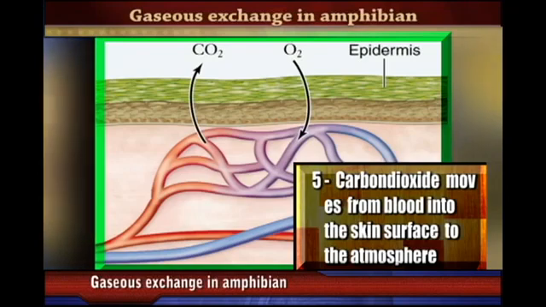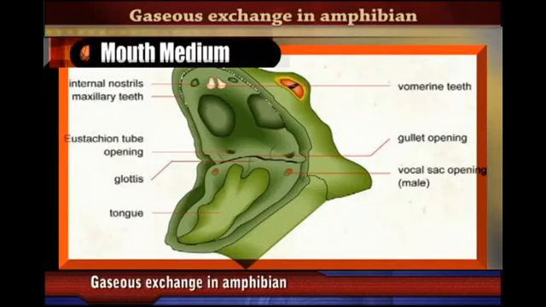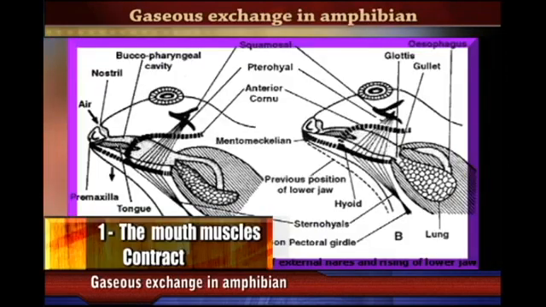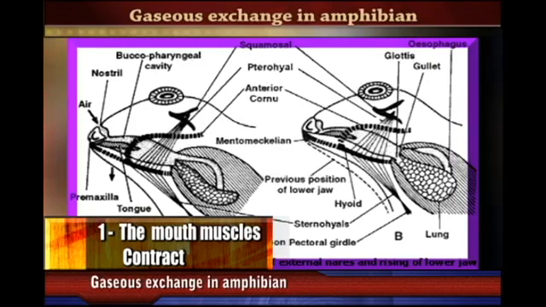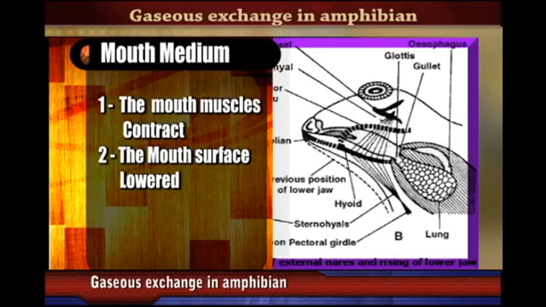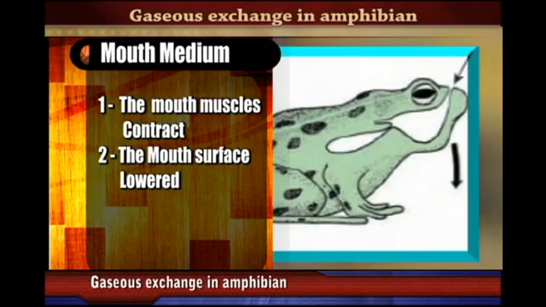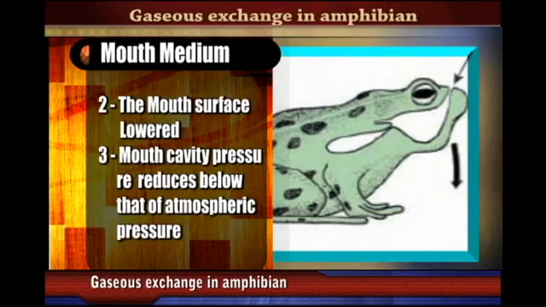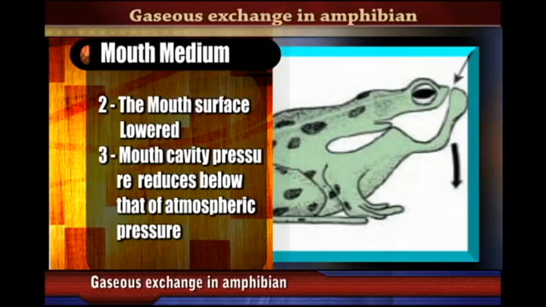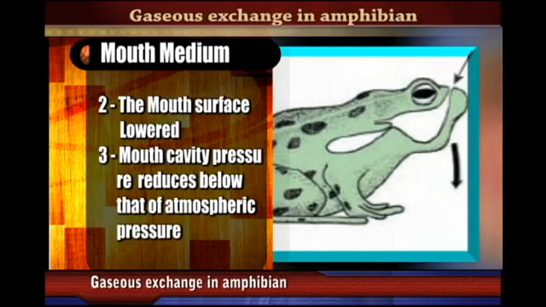Now, when we come to the use of the mouth, which we can also call the buccal cavity, the frog mouth muscles will contract, and when the buccal cavity muscles contract, the mouth floor is lowered, and the lowering of the mouth floor leads to the lowering of the mouth cavity pressure.